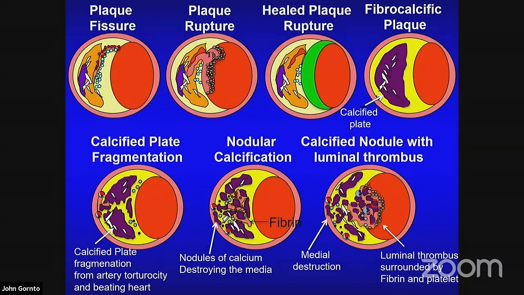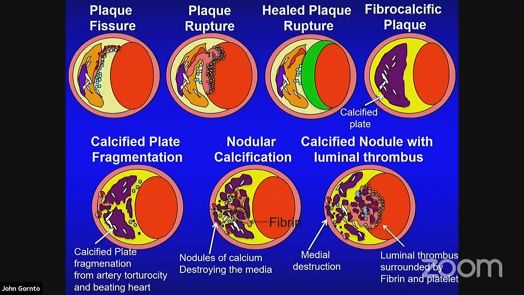So when you look at healed plaque ruptures, recently formed healing lesions, smooth muscle cell rich, they can be quiescent for a time, and you'll get calcification, fibrocalcific plaque. Now sheets of calcium have formed, and that necrotic core has become calcified, or may not get calcified, but the rest of it is calcified.